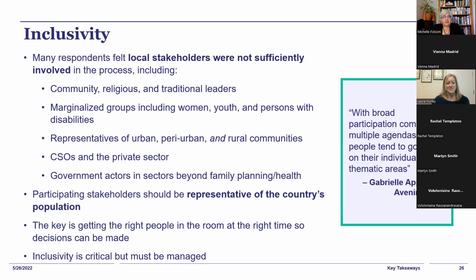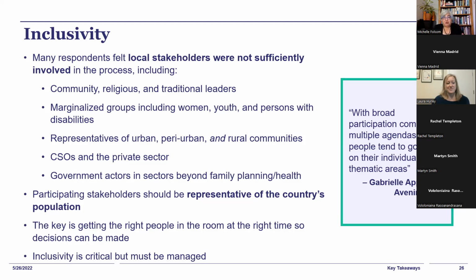We're calling this inclusivity, but maybe it really means engagement. And not only do you need government ownership, but you need engagement and ownership from all partners, from the entire range of stakeholders. And that's an area that we had some mixed responses on. Many said we weren't sufficiently engaging community, religious and traditional leaders, and marginalized groups such as women, youth, or persons with disabilities.